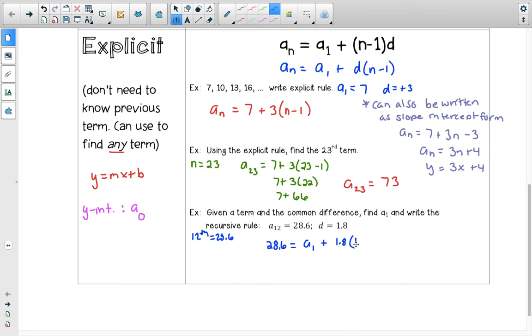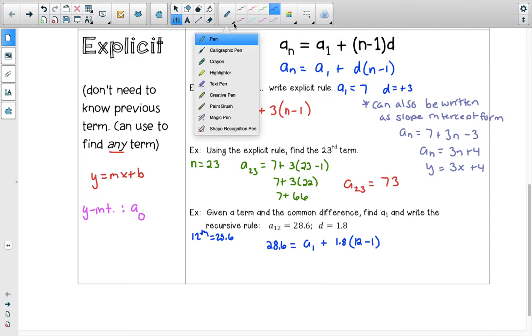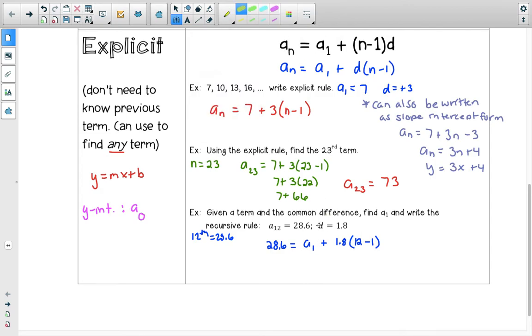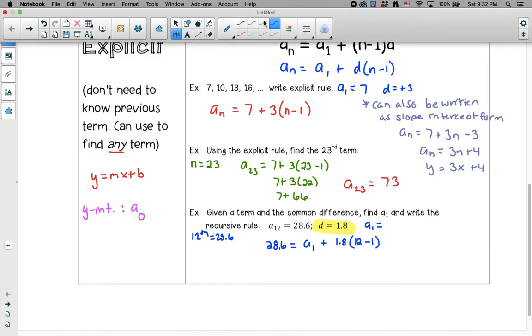So we'd have 12 minus 1 inside the parentheses. So we can now solve for our a sub 1. Because remember, we only need our common difference and our a sub 1 to be able to write out our recursive form. That's what we need.